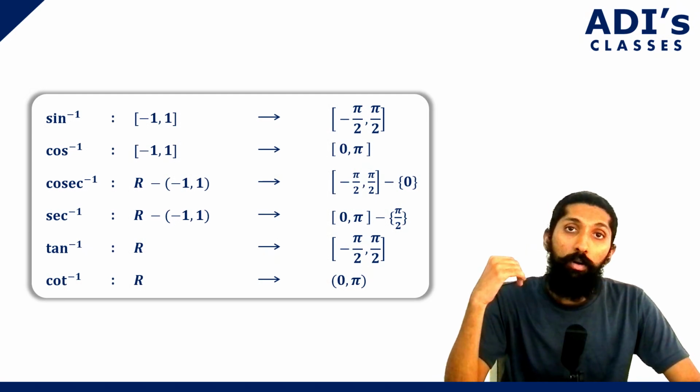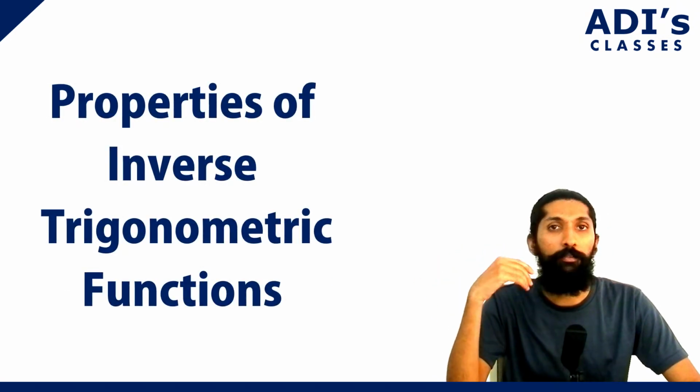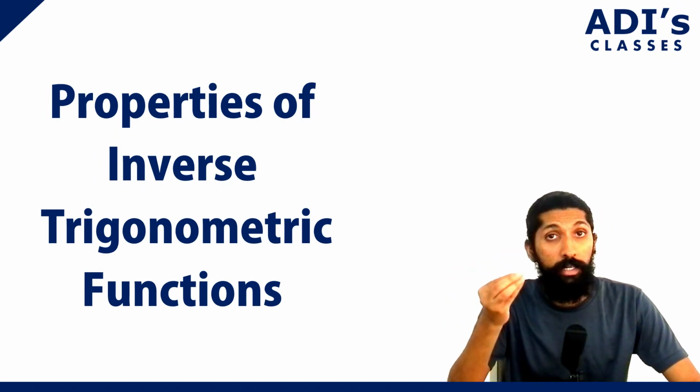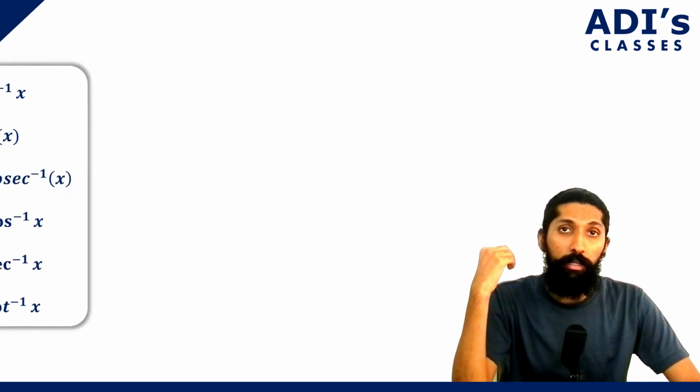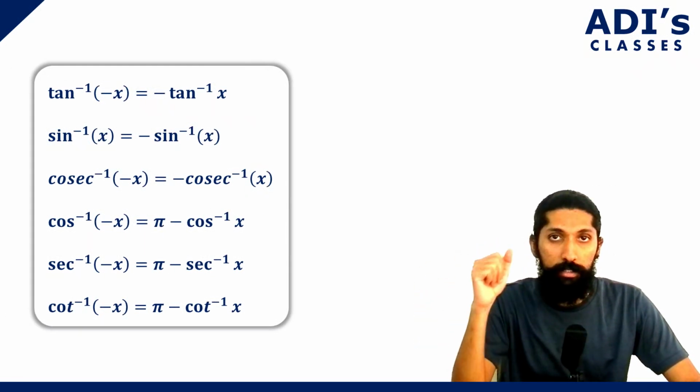Then we moved on to the properties of inverse trigonometric functions. Correct? Different properties are there. We started off with very simple things like having a negative number within the value, like tan inverse of minus x or secant inverse of minus x.